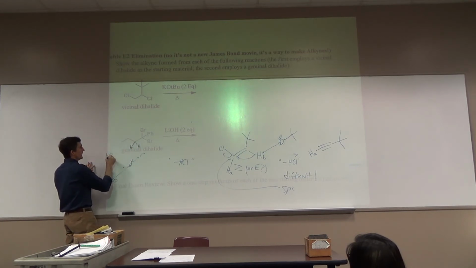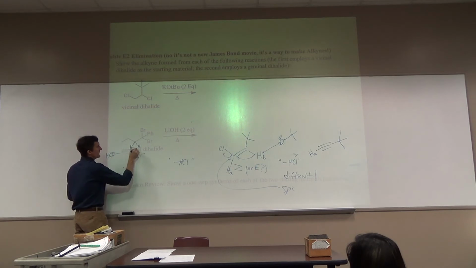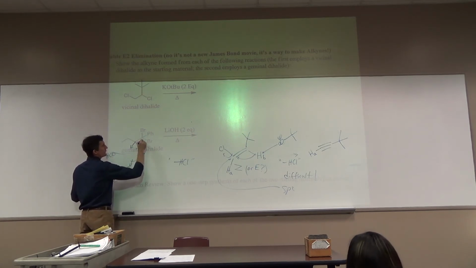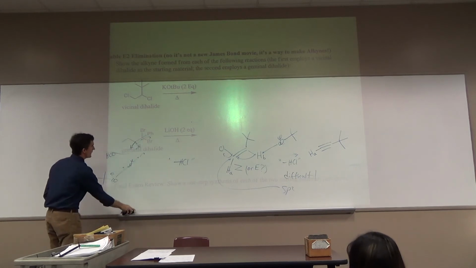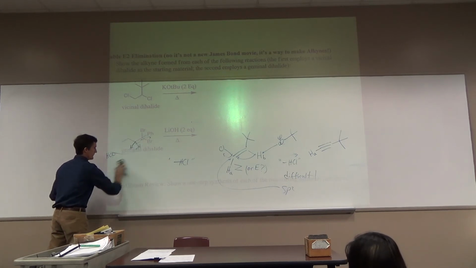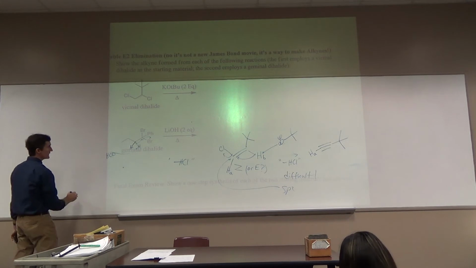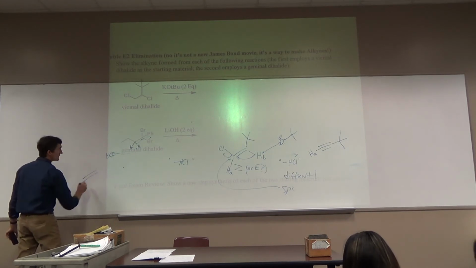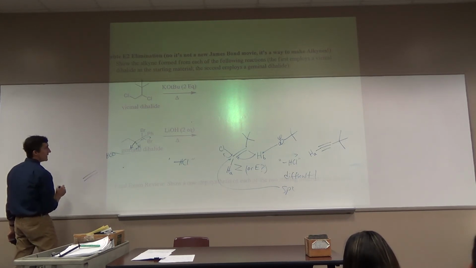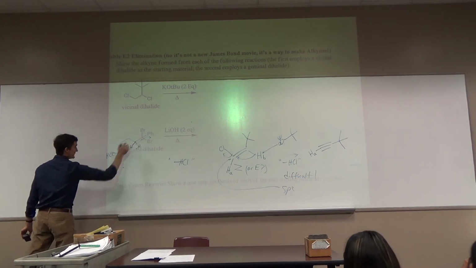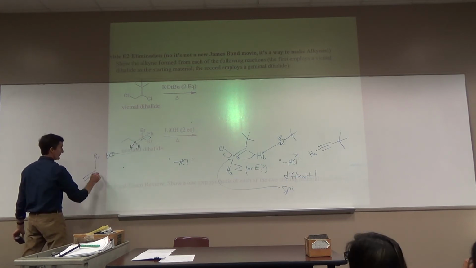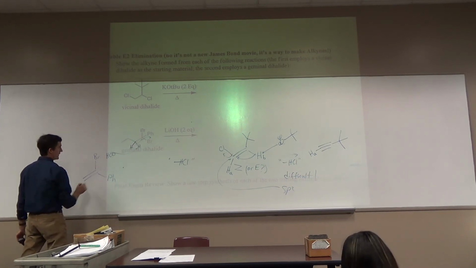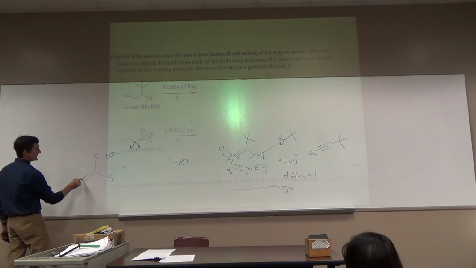Hydroxide takes the H, moves in, and we kick off one leaving group, either one. What is that going to give? Double bond there. What's on this carbon now? One bromine is there and one phenyl. And over here would be an ethyl.